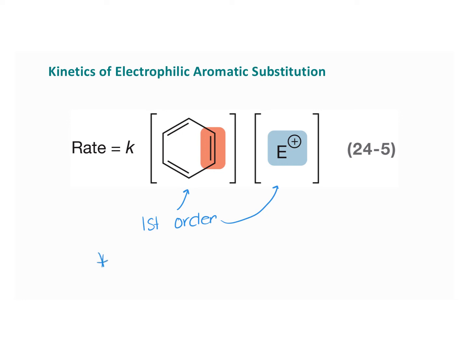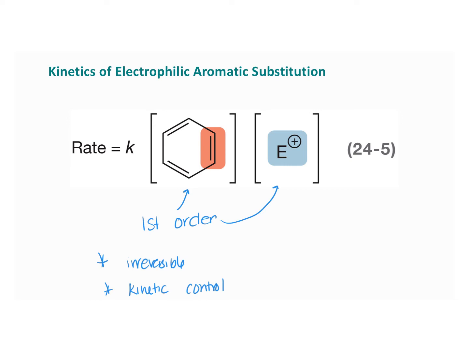Now, just like reactions we've seen before, these are generally irreversible and take place under kinetic control. Okay. Now, the rate depends on both benzene and the electrophile because both of these appear in the rate determining step.